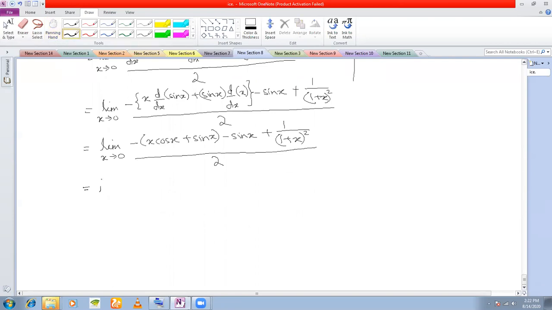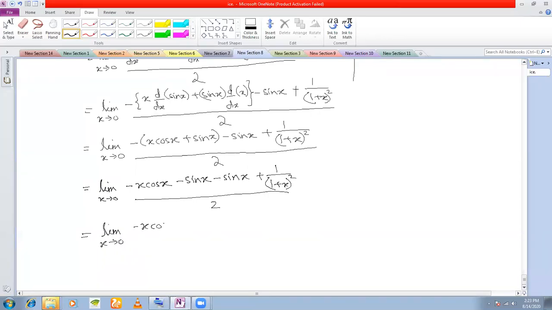So this is limit x tends to 0 minus x cos x minus sin x. Oh, it will not cancel. Minus sin x, plus 1 by 1 plus x whole square, by 2. Just simplify a little bit, then we'll check by putting x is equal to 0.